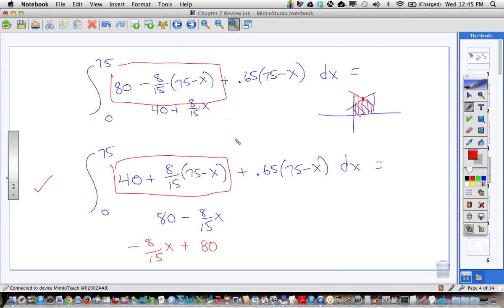The graph that I got from Shelby's. Did you do it on a calculator screen? Yeah, I did these antiderivatives first and then just copied them. So 80 minus. Well, that's how I did it, but it's the same, just distributed.